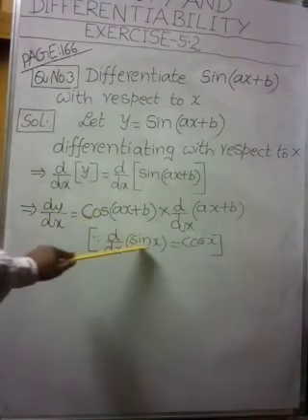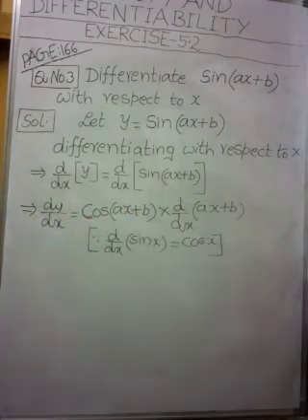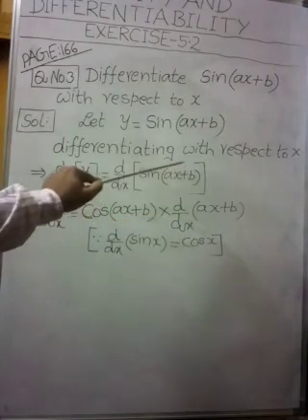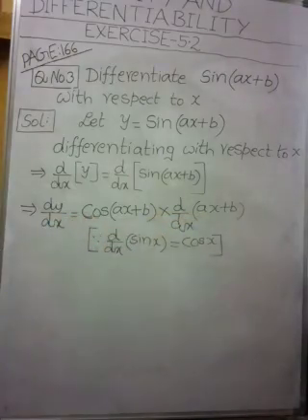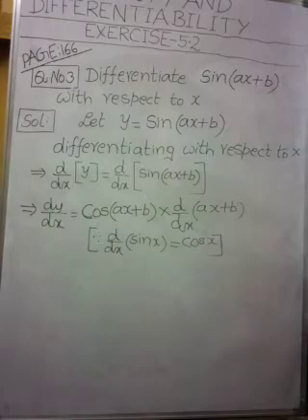D by dx of sin x is equal to cos x. So cos x means cos of ax plus b, not x. Remember this point, my dear children. So cos x into whatever function you considered as x in your mind, we have to differentiate it with respect to x. So ax plus b is considered in your mind as x, so we are differentiating that function here. Understood this step, my dear children?